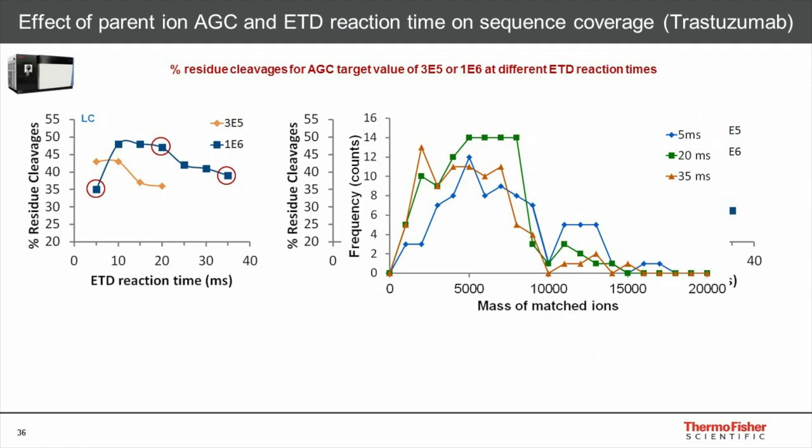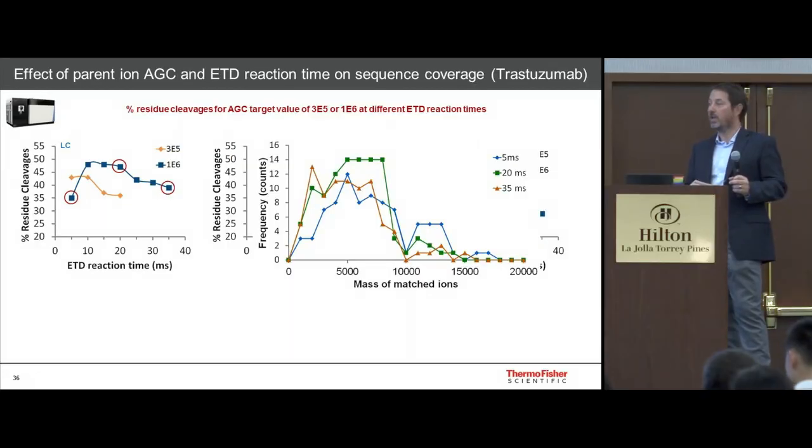What happens when you let it react for a longer period of time is you get smaller and smaller pieces. So this is why, if you want to get high sequence coverage, you use different reaction times, because you generate different types of ions. If you put those together, you increase your sequence coverage.